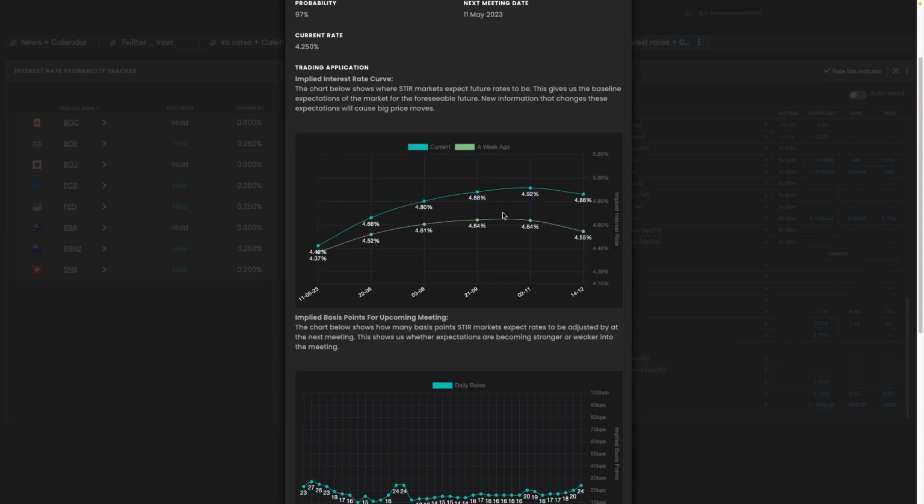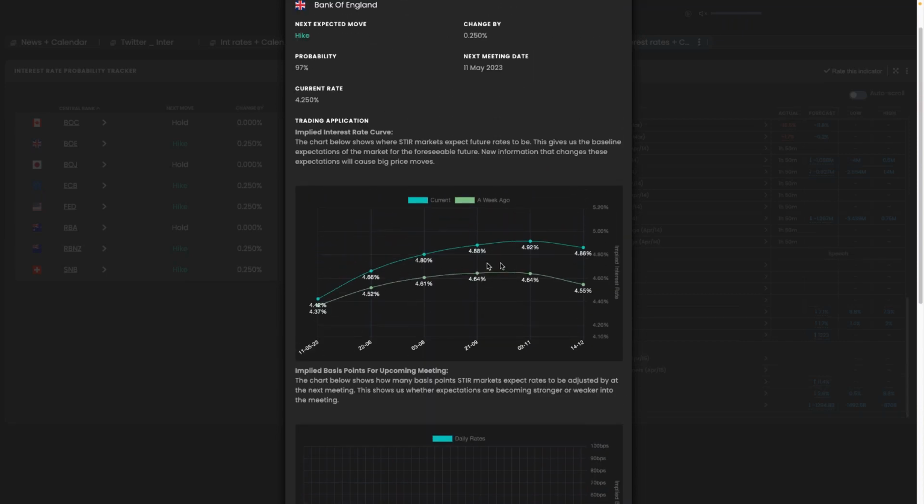And if you look at how that's translated into the interest rate curve, Bank of England interest rates are currently at 4.25%. They're now expected to rise to just under 5% in November. So that is potentially 2 more interest rate hikes now expected from short-term interest rates for the Bank of England.